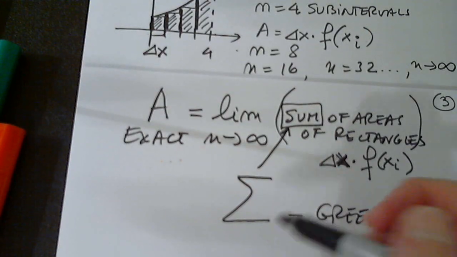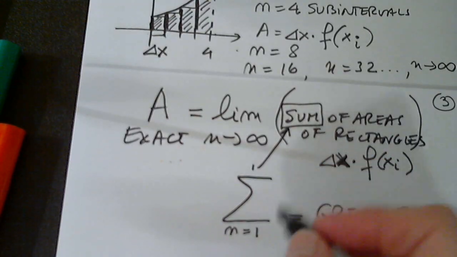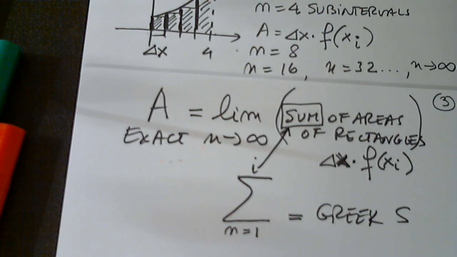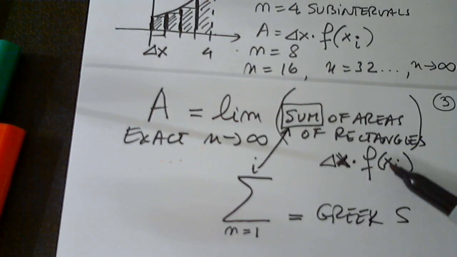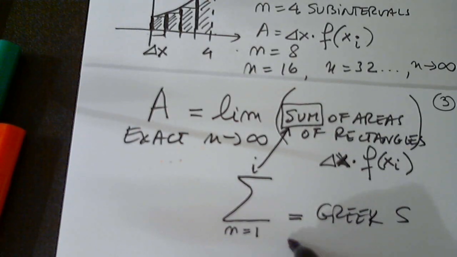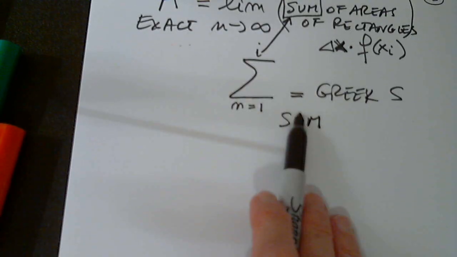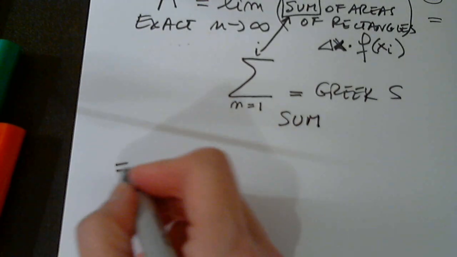Because it's so convenient to say here from i equals 1 to n. In other words, when i is 1, I get delta x times f of x1. When i is 2, and this is the sum, a sum. In order to condense the notation, we are using the sum notation, the Greek S. I can write it like this.